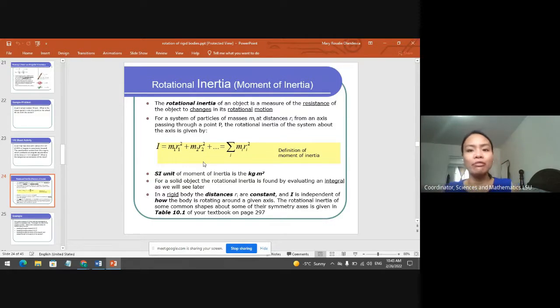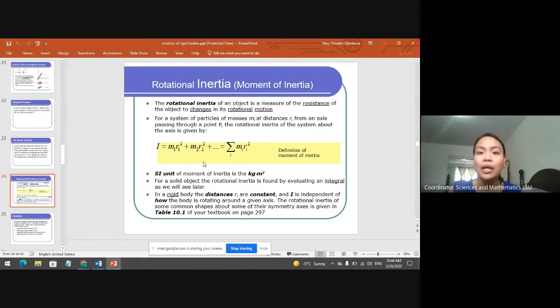What is the pivot point? The pivot point is the point of rotation or the axis of rotation. The moment of inertia is in kilogram meter squared, the unit for the moment of inertia.